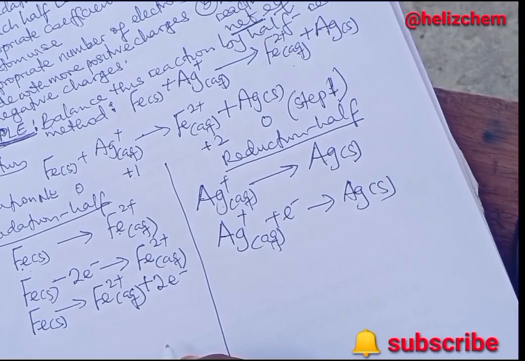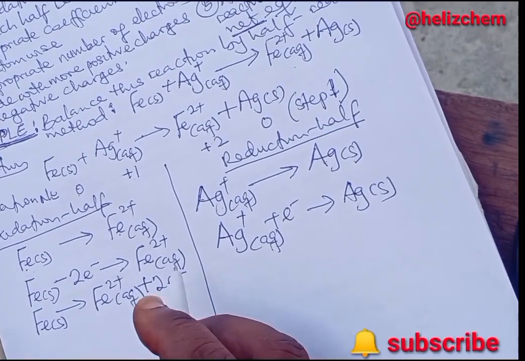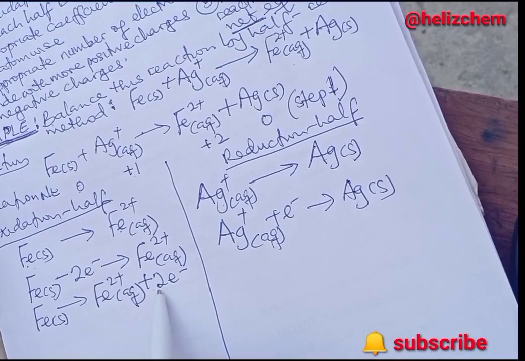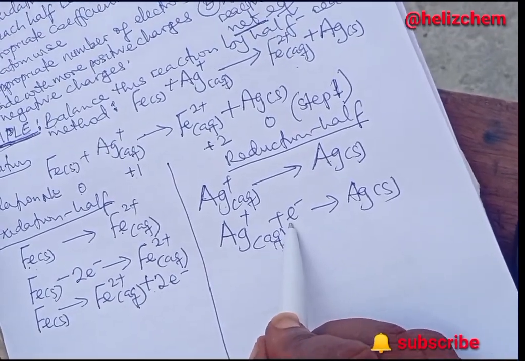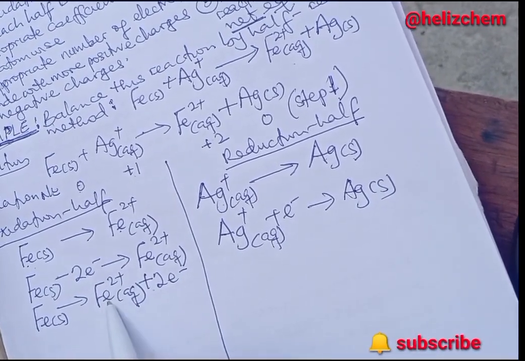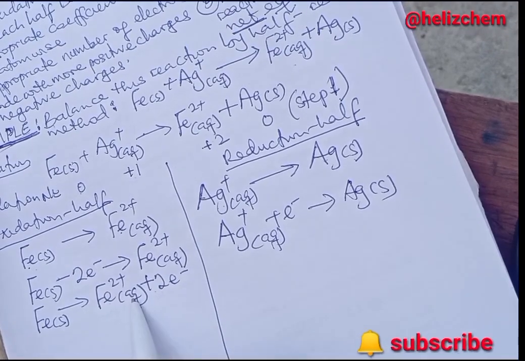Step number 4, multiply each half reaction by appropriate coefficient to balance electron gain or loss. If you look at this oxidation half, we have 2 electrons here, but if you look at the reduction half here, we have 1. So the two reactions must complement each other.